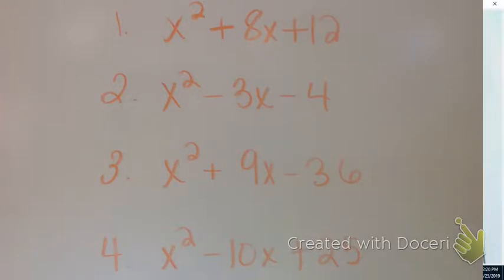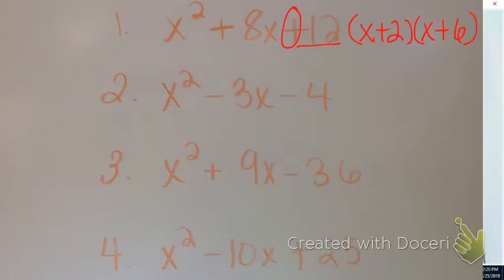Okay, so on the first one, you find the things that multiply to give you 12. So you have 1 and 12, 2 and 6, 3 and 4. We wanted to add, so that's got to be 2 and 6, right? So that means x plus 2 and then x plus 6 for that one. There's 2 kinds of problems where you add, and it's the first one and it's the last one.